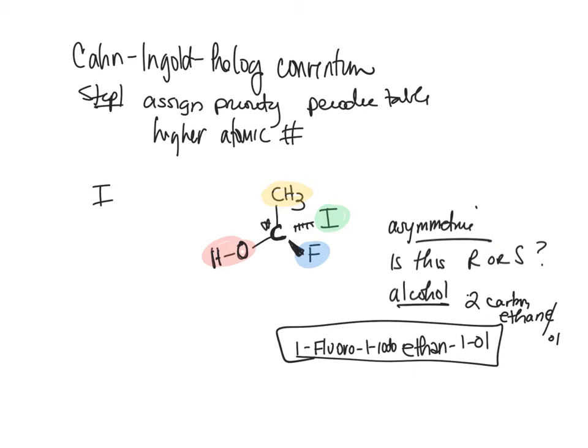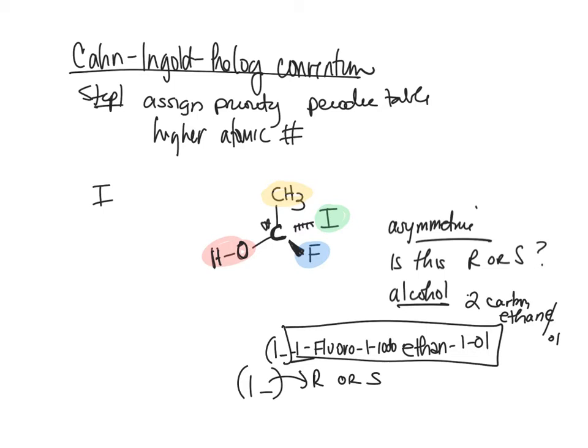Okay, that's the name, but it's not totally correct because we have to include parentheses, and on carbon number 1, I put a blank there. We have to decide, is this an R or is this an S? Okay, in the name. And that's how we follow the Cahn-Ingold-Prelog convention.